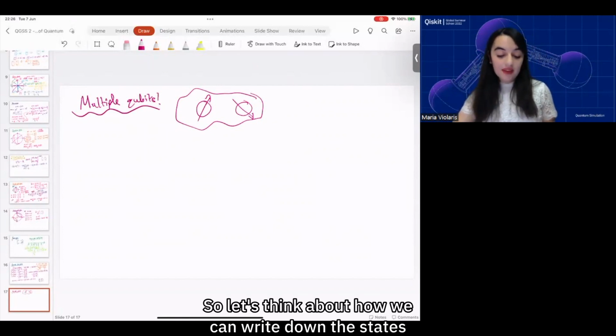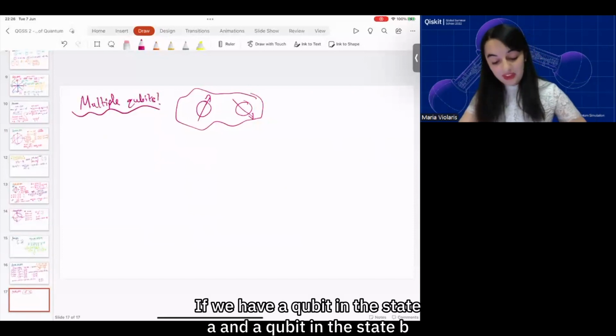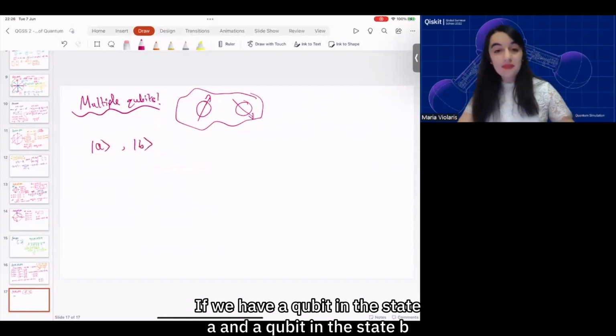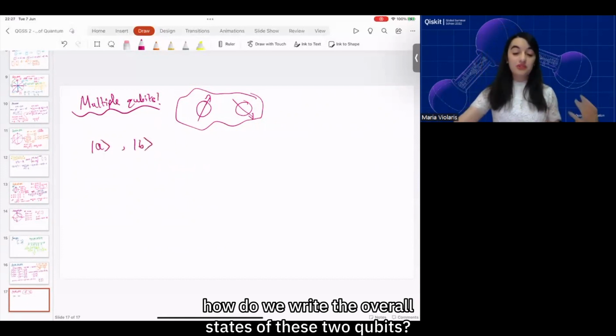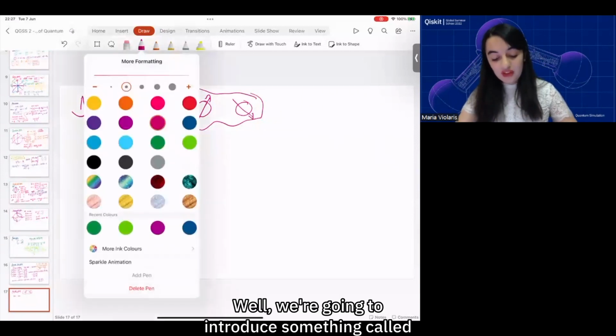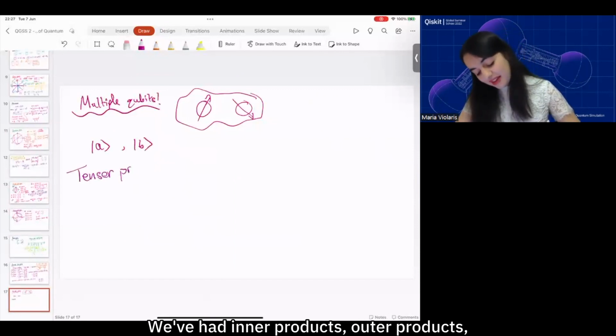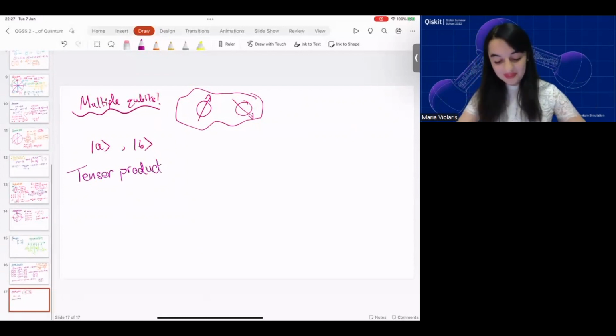So let's think about how we can write down the state of multiple qubits. If we have a qubit in the state A and a qubit in the state B, how do we write the overall state of these two qubits? Well, we're going to introduce something called a tensor product, which is our third product of the day. We've had inner products, outer products, and now we have tensor products.